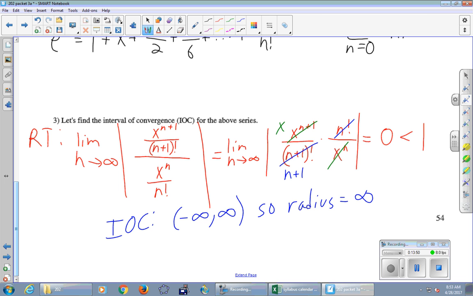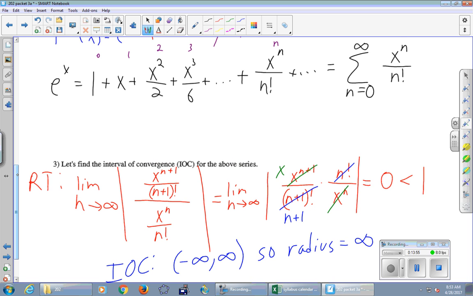Okay, one last thing for this guy before we move on. If you plug in x equals 1, just for kicks, the left-hand side is just e, right?